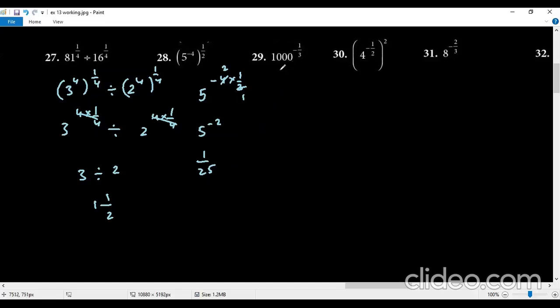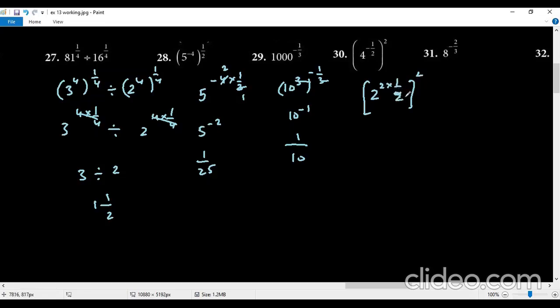This is negative 1 over 3. That means 10 cube, and this is 1 over 3. This 3 and this 3 cancel, and 10 power minus 1 is equal to 1 over 10. Now this is 2 square times 1 over 4 square.